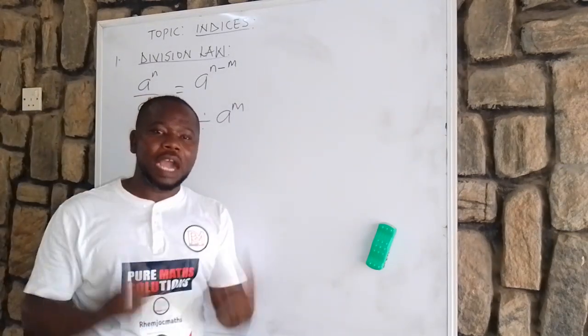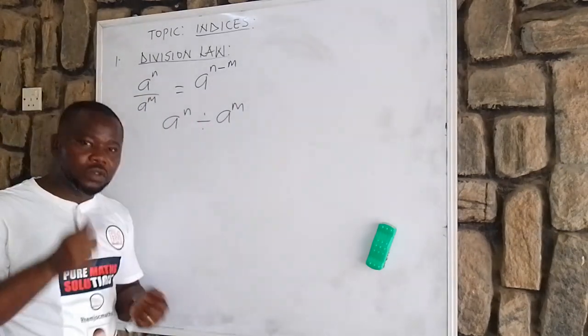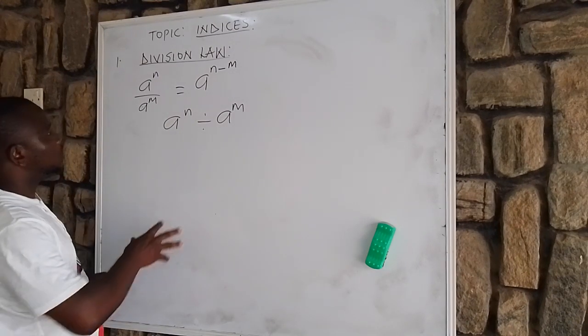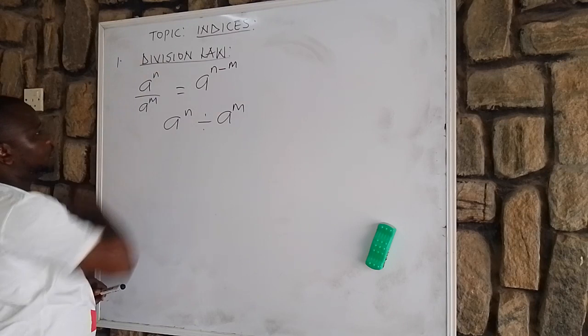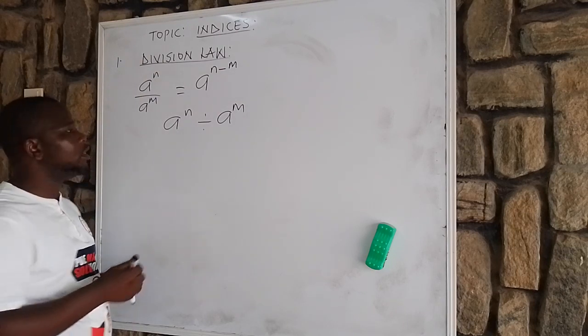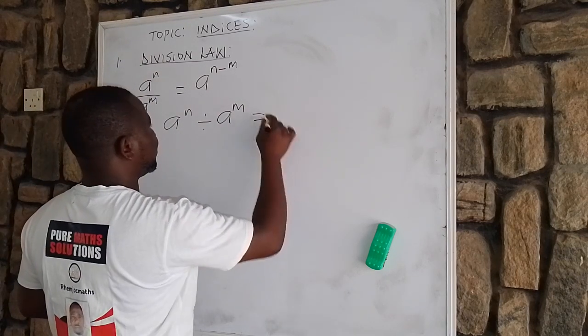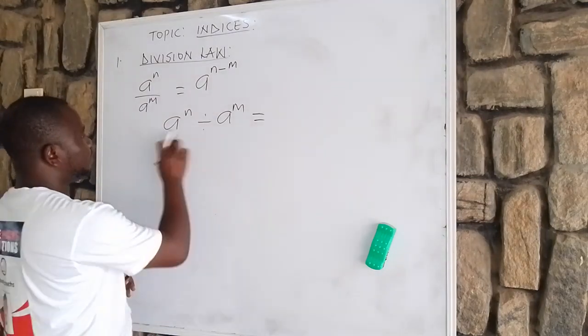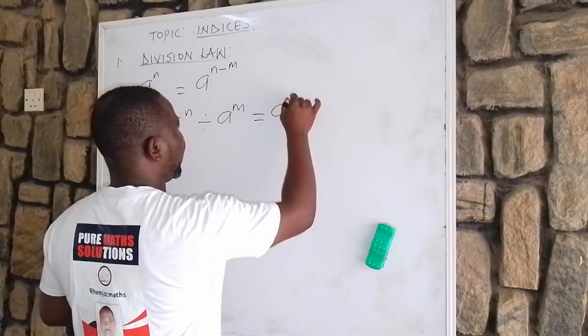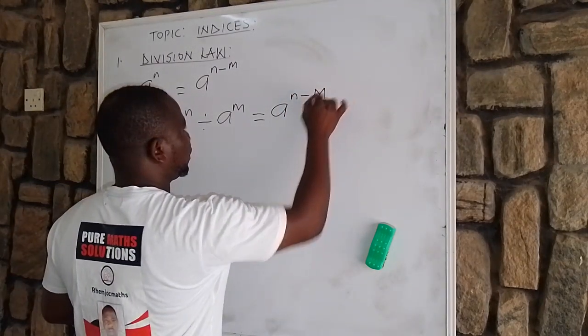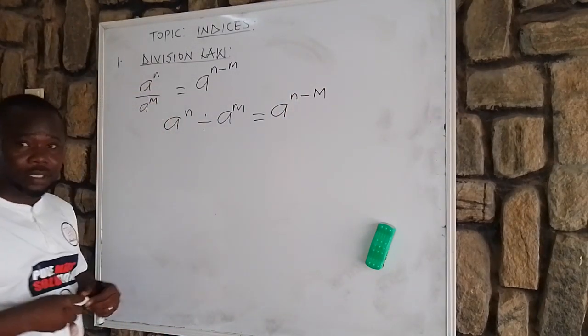It's the same approach you are going to use. Take note. Is that clear? Because it is not always in this form. It might come in this form. Are you following? Since the bases are the same, you pick one of the bases, a raised to the power of n minus n. Do you agree with me?